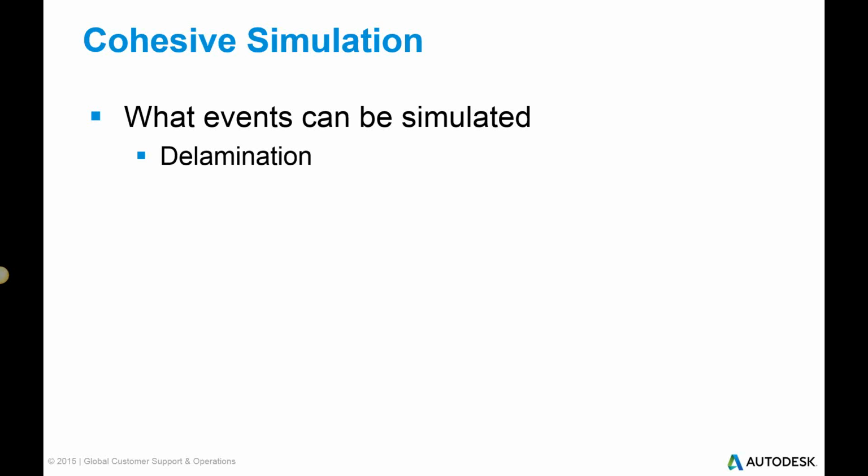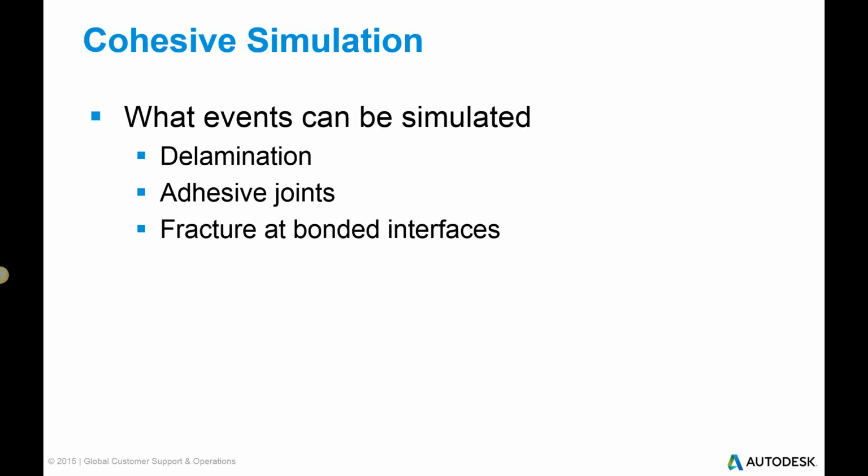Composite analysis is primarily used to capture progressive failure behavior, and part of accurately identifying the various constituent failure mechanisms in the ply, we also need to evaluate the consequences of softening the response between the plies. A few other areas would be an adhesive joint and fracture at a bonded interface. These are a few areas where cohesive simulation would provide some benefit.